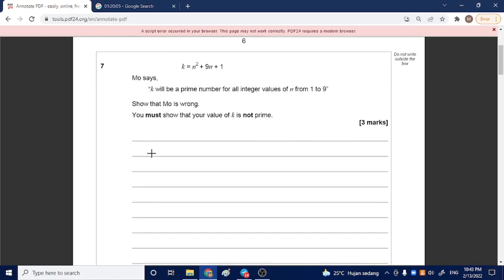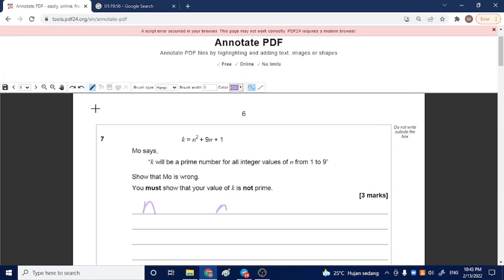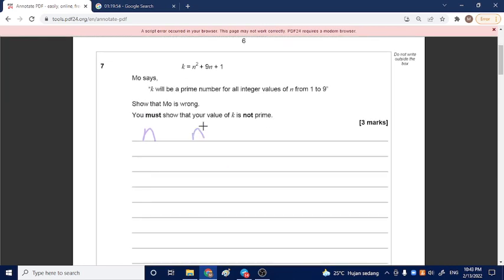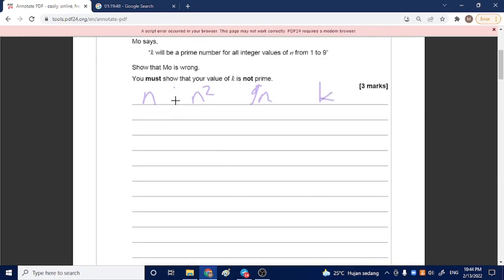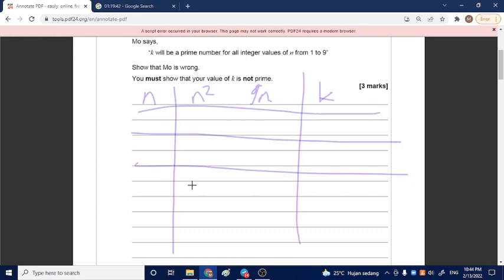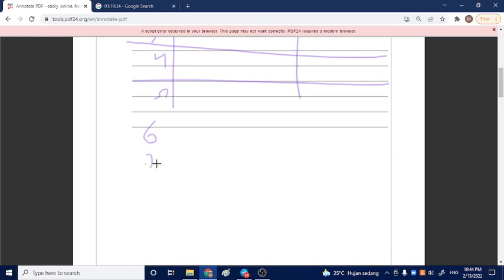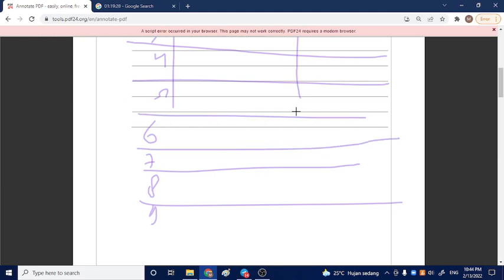So let's say we have n, and then we have n squared, 9n, and then k, so that we can make a good table. 1 2 3 4 5 6 7 8 9. Please excuse my drawing. I do not really care about my tidiness.